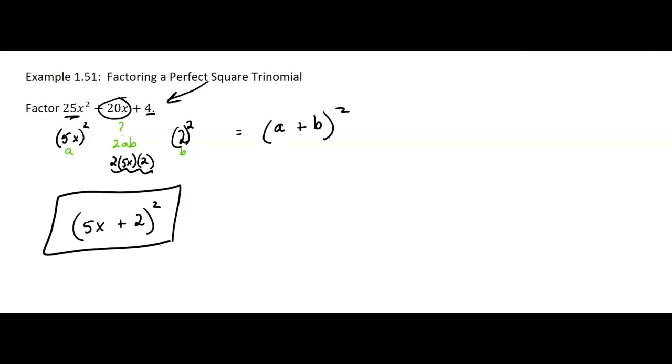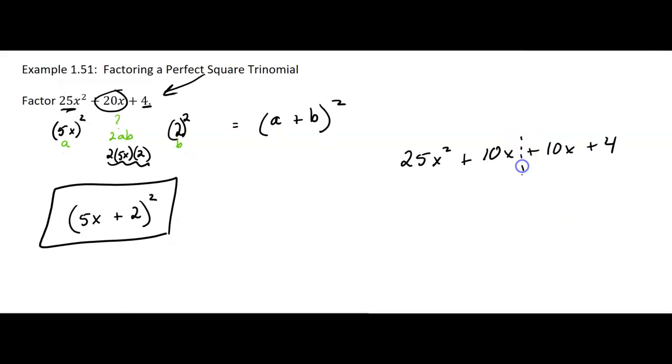Another way to do it, if you're pretty sure it's a perfect square trinomial, you could say 25x squared plus, and then just take the middle term and split it in half. Now, it doesn't have to work, but if you did that with the grouping, it would work.